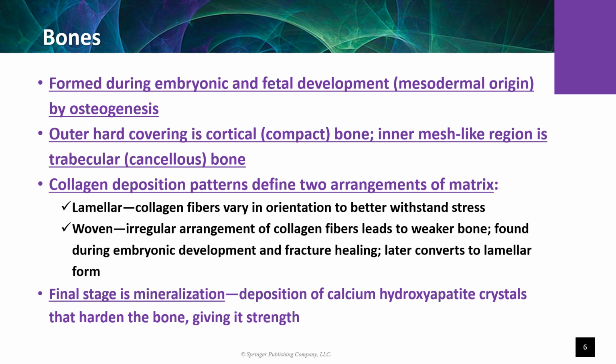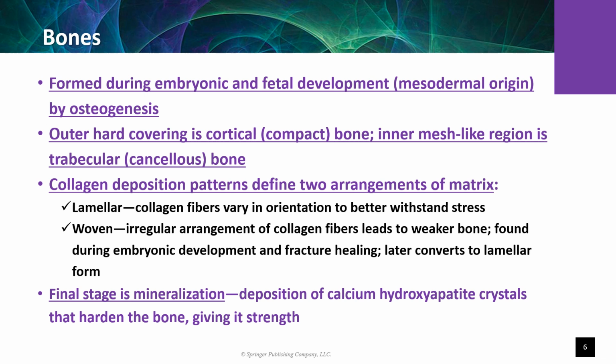The collagen fibers give bone its tensile strength, or the ability to resist pulling and stretching forces. The mineral content of bone enables it to resist compression forces to which it is exposed during weight bearing and movement.